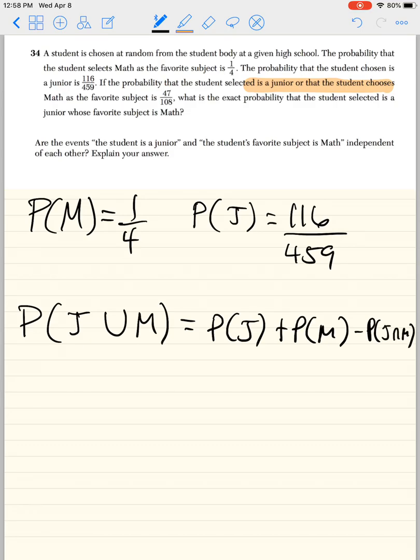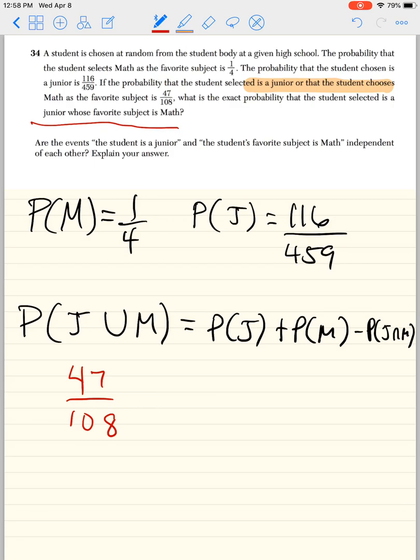It says, if the probability that the student selected is a junior or that the student chooses math as their favorite subject is 47 out of 108, so this is 47 out of 108. What is the exact probability that the student selected is a junior whose favorite subject is math?